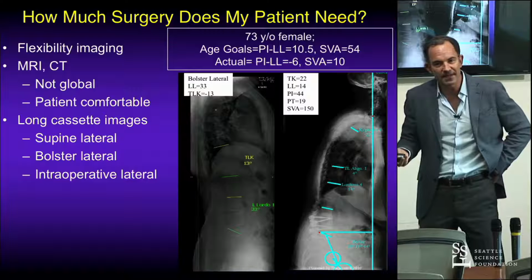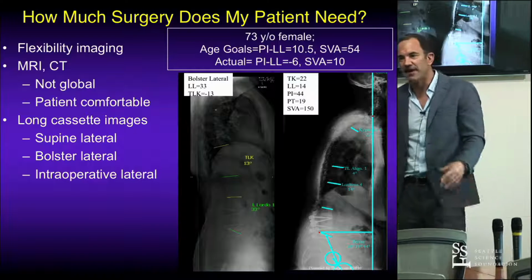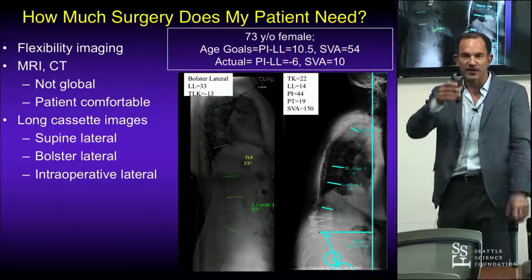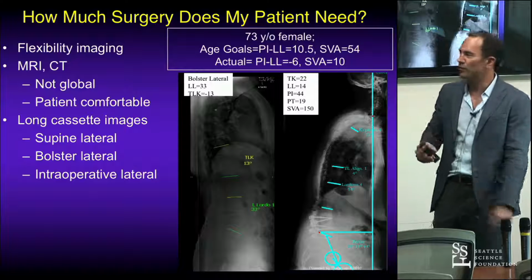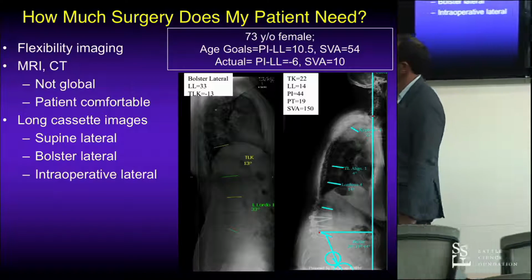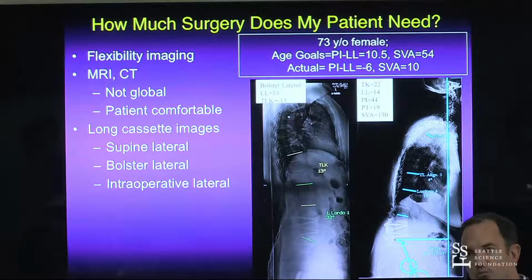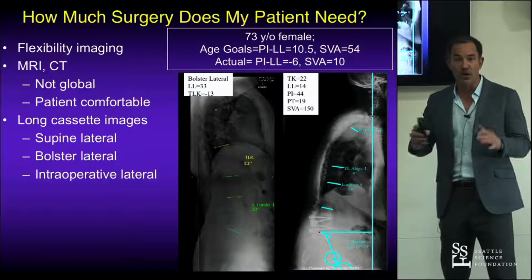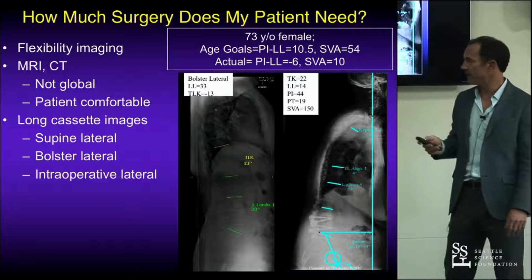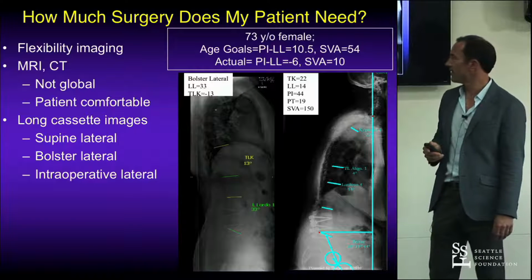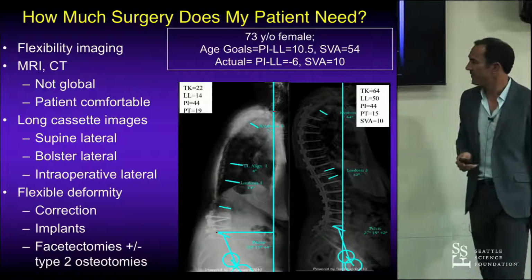But when they're in the CT or MRI scanner, they've got their knees bent, they're drinking a Coke, they're super comfortable. Whereas if you put them lateral on the table and try to flatten them out, that's really how they're going to be when they're on the table. And I think it gives you a more accurate measure of what the flexibility is.